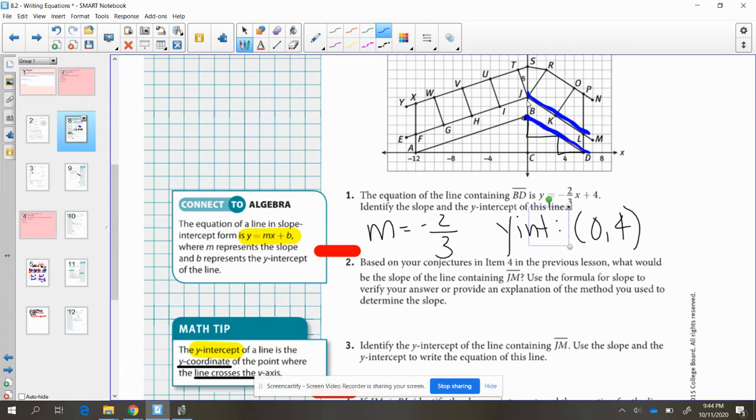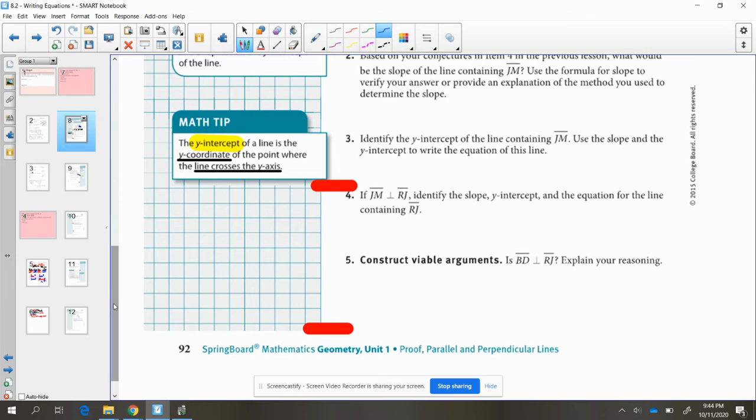And in fact, we could see that it is also decreasing 2, running 3 each time. So we would say that they would be parallel because the slope of JM is also negative 2/3 each time.